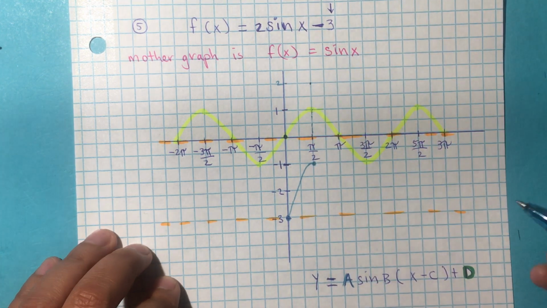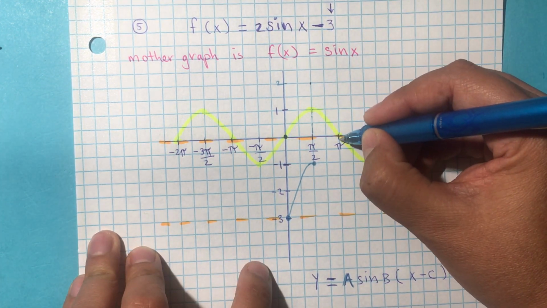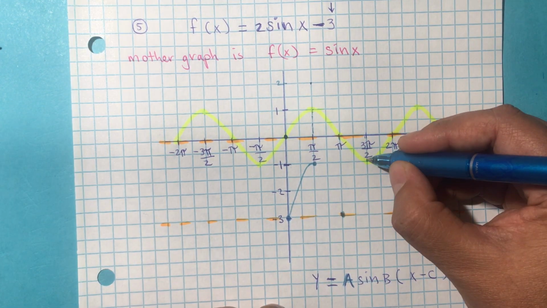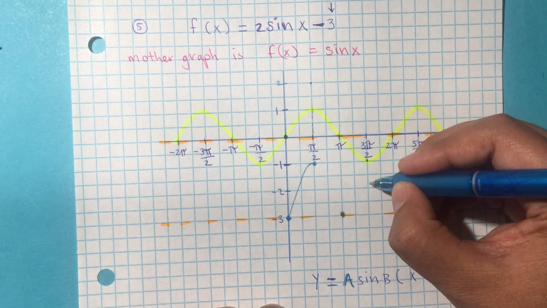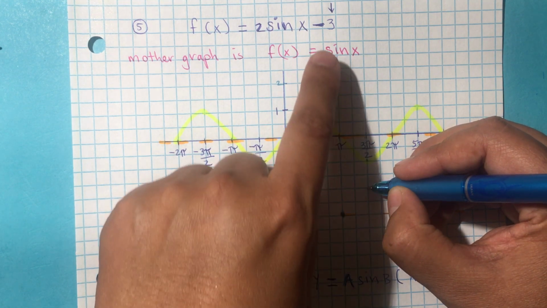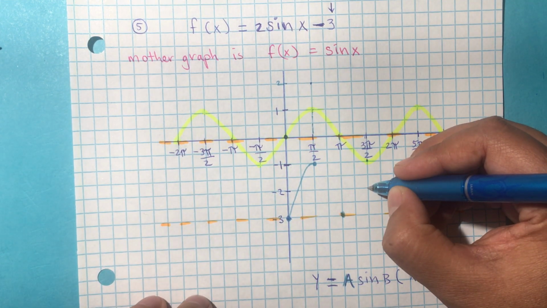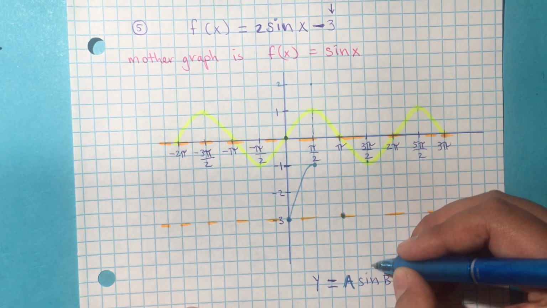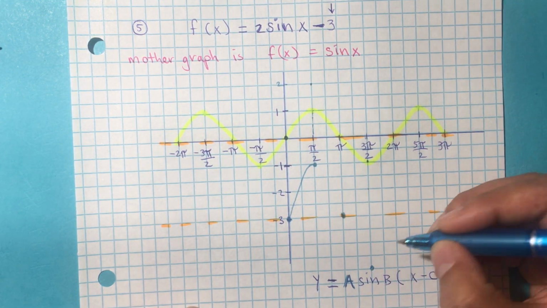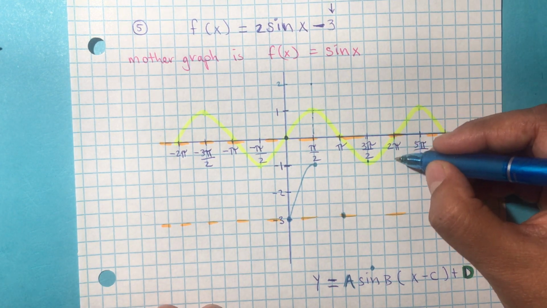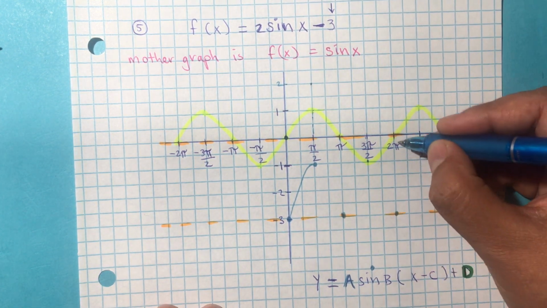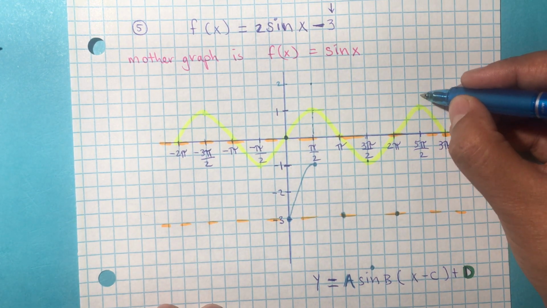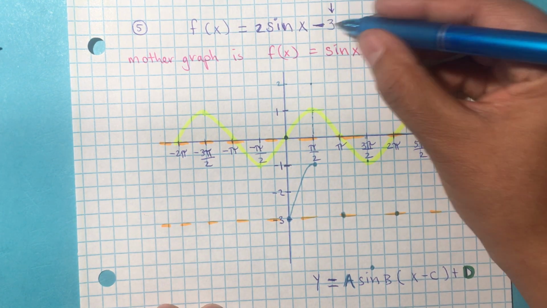Okay, for this one is going to be 0, so it's right there. For this one is negative 1 times 2 will be negative 2, but bring it down 3 spaces. 1, 2, 3 is right here. For this one is 0, so just bring it down exactly right there. For this one is 1 positive times 2 is 2, but bring it down 3 spaces.